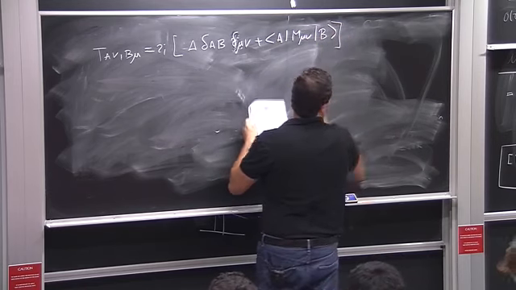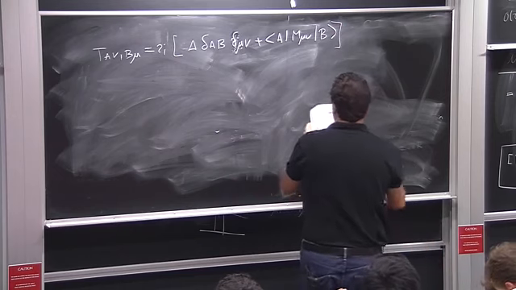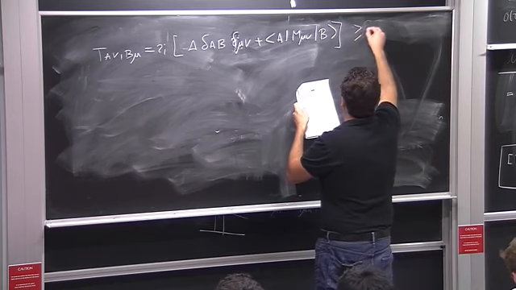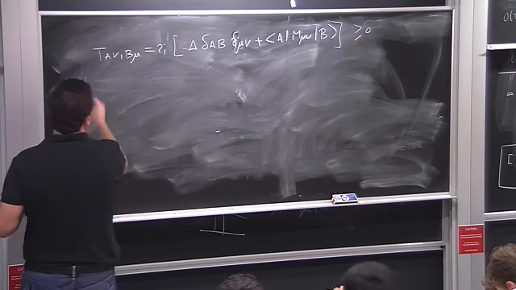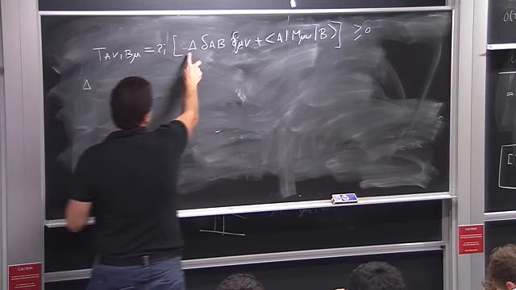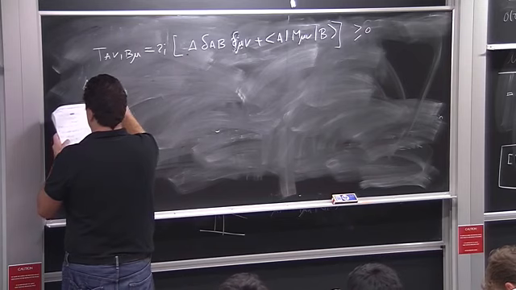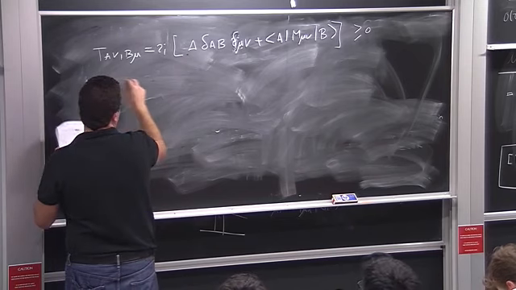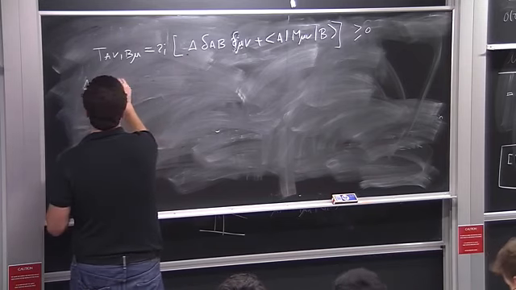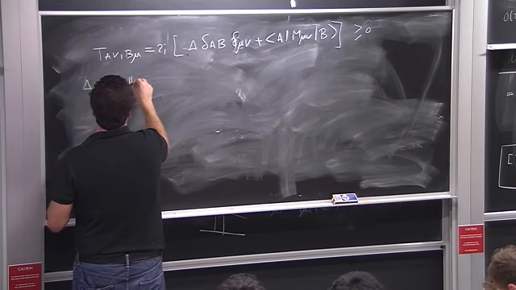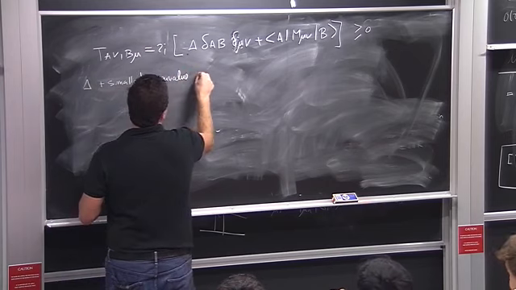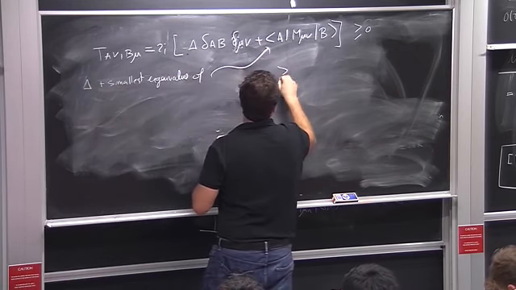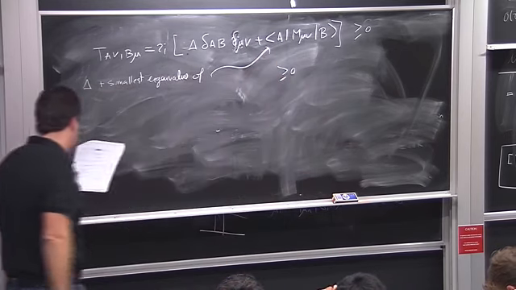And the statement of unitarity is that this should be positive definite. That means essentially that the smallest eigenvalue of this has to be non-negative.